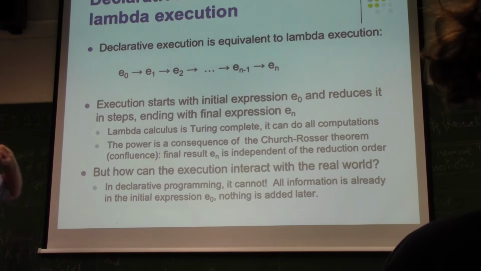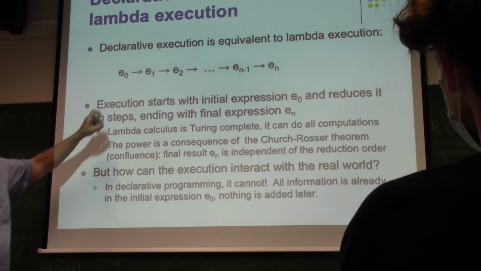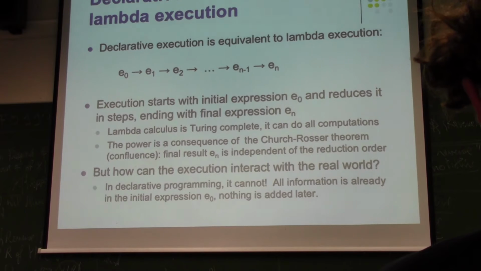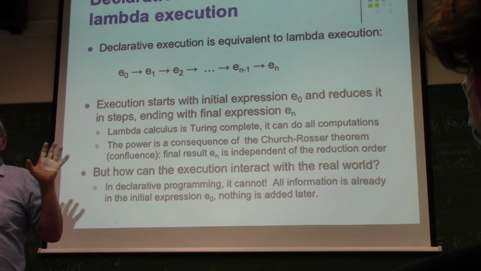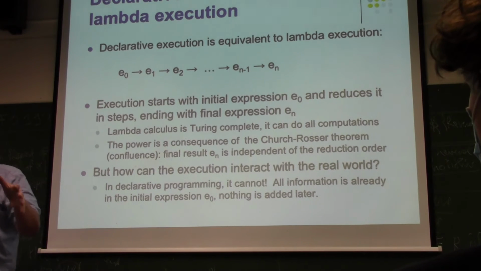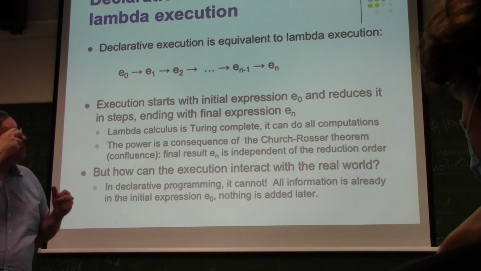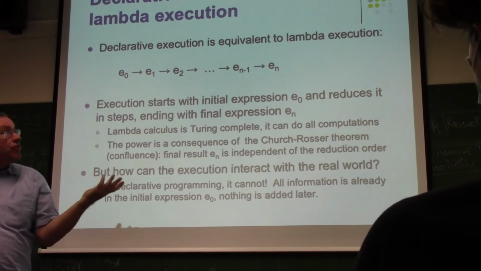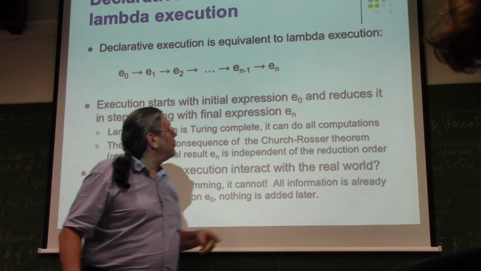Declarative execution is equivalent to a reduction of a lambda expression. Okay, so I'm not going to show you lambda again. If you've seen the previous course 1104, you know what it is. Lambda is this very simple calculus that actually lets you do all kinds of computation. You start with an initial expression, which is like a functional program, and you reduce it in reduction steps and you get a final result.